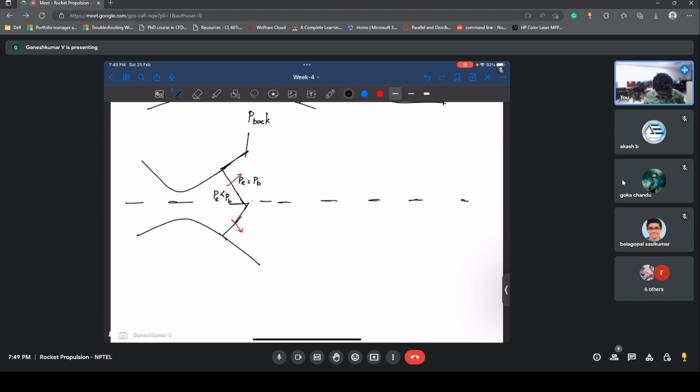So in the shock, the Mach number is going to decrease, right? Here it is going to be lesser than what it has exited.